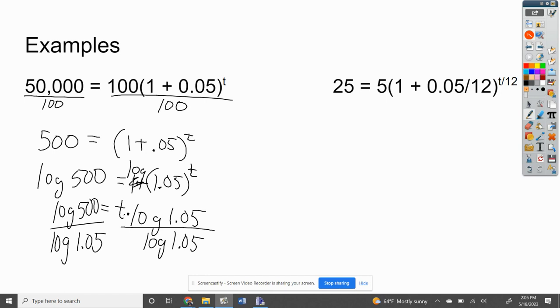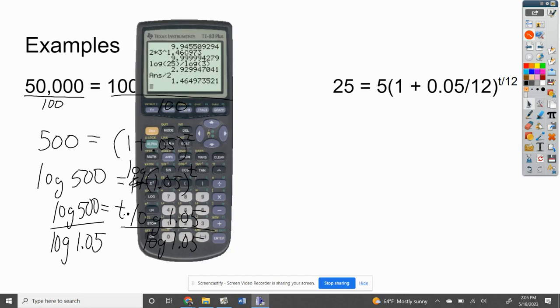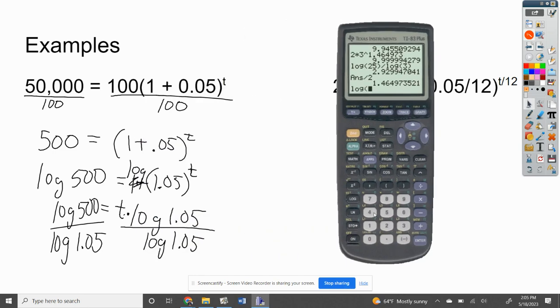So what is log of 500 divided by log of 1.05? Let's find out. Log of 500 divided by log of 1.05. And we get 127. Wow, that's a lot.